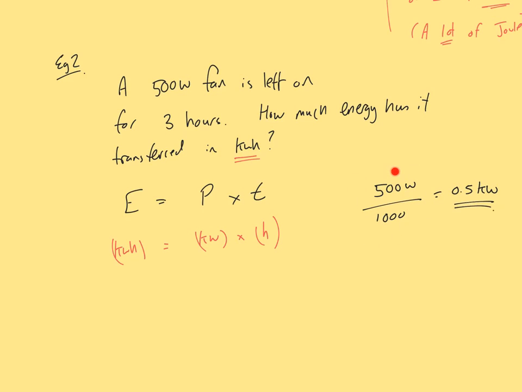So 500 watts divided by 1,000 equals 0.5 kilowatts. So the power, 500 watts, is the same as half or 0.5 kilowatts. So in our equation, the power is 0.5 kilowatts, the time is 3 hours, multiply those together, the amount of energy transferred is 1.5 kilowatt hours.